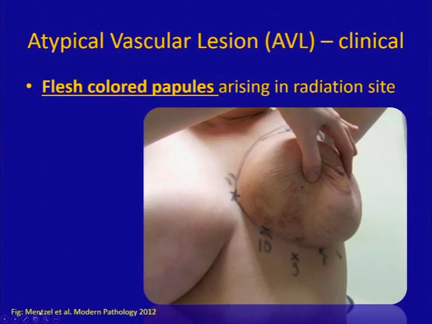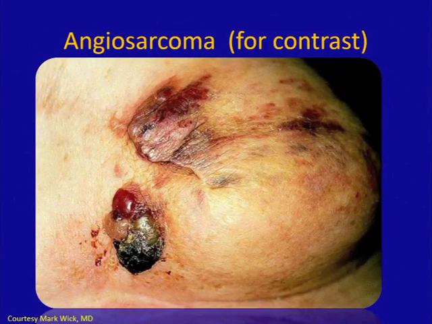Here is a picture from Menzel's paper where he looked at AVLs, and you can see this lady has multiple AVLs, and they're all these little kind of almost warty-looking flesh-colored papules on the breast in a radiated patient. They're not the large nodules of violaceous, erythematous angiosarcoma that we would see. So it's really helpful to know that history to make sure you don't mistake the diagnosis.